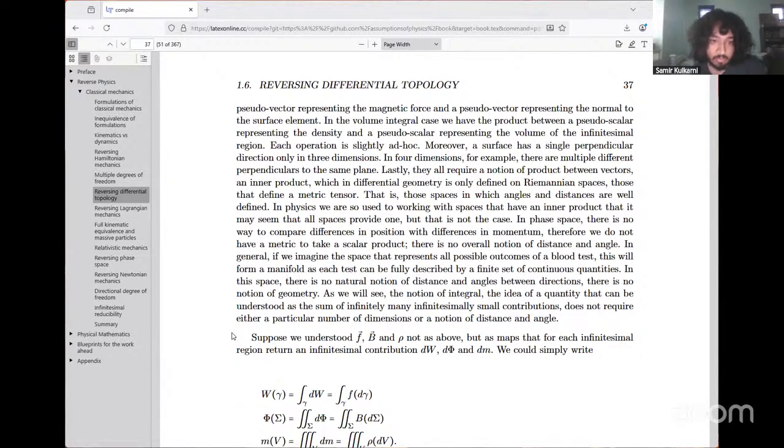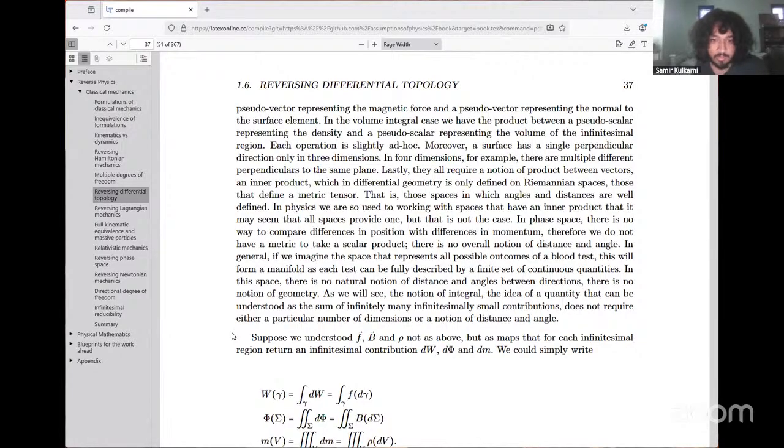In general, if we imagine the space that represents all possible outcomes of a blood test, this will form a manifold, as each test can be fully described by a finite set of continuous quantities. In this space, there is no natural notion of distance and angles between directions. There is no notion of geometry.